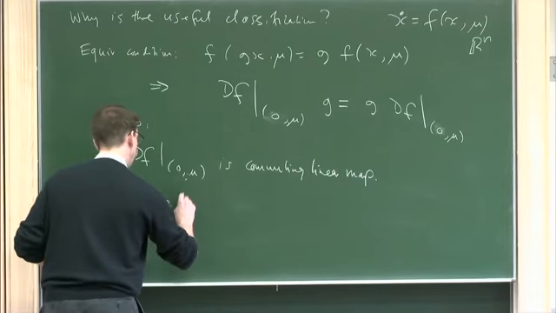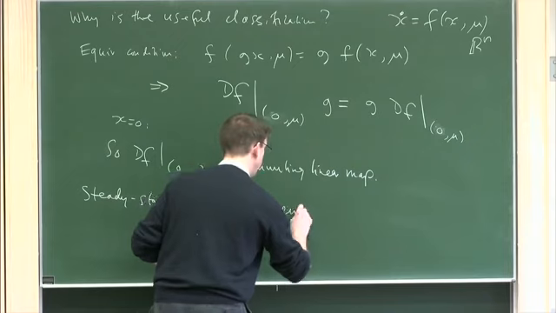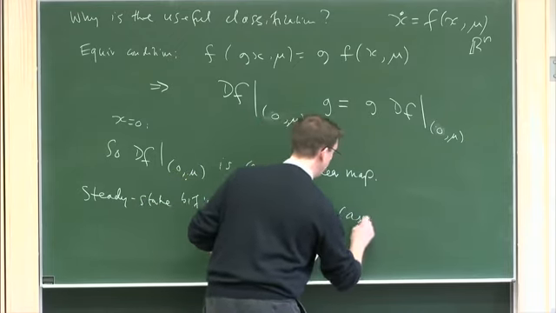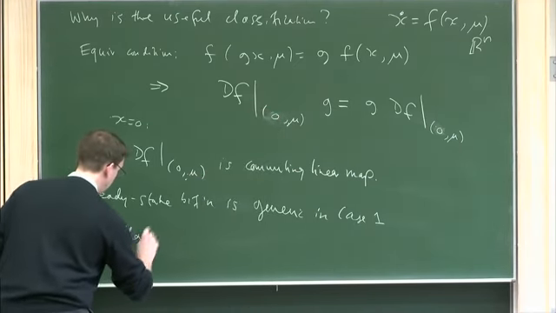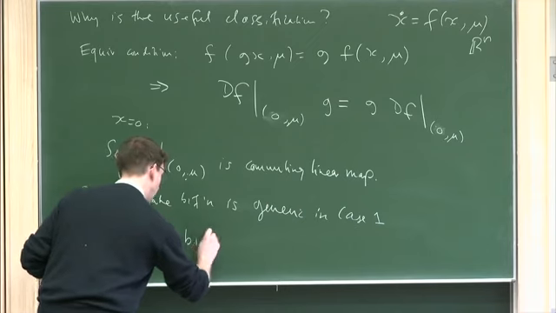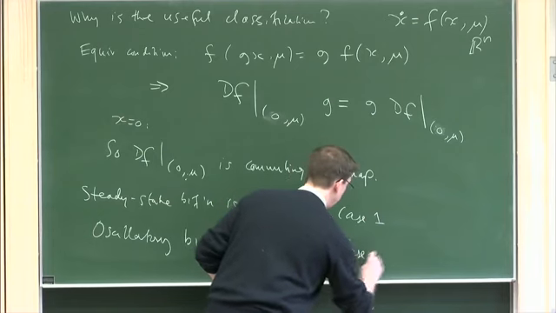So steady state bifurcation is generic in case 1, oscillatory bifurcation in case 2.